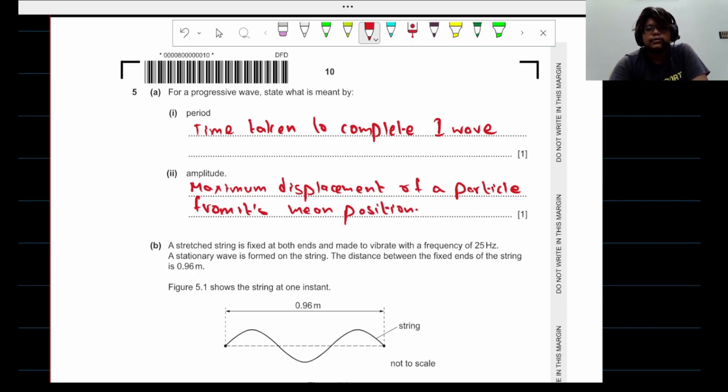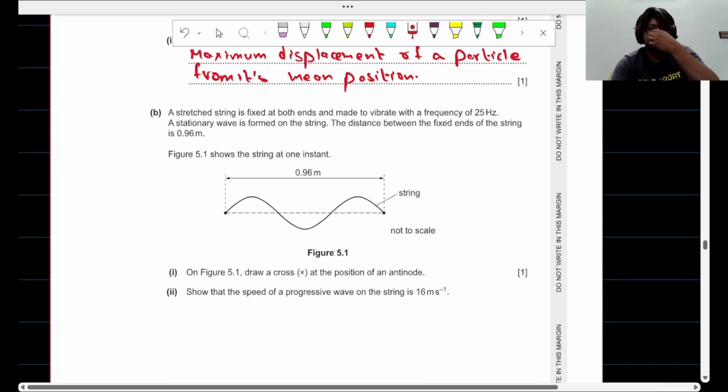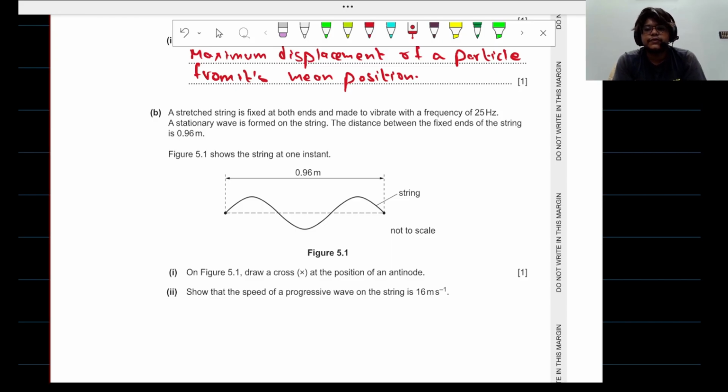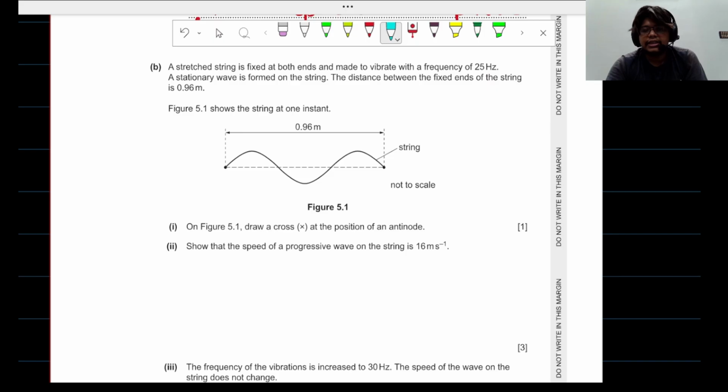All right. Then in part B, we have a stretched string which is fixed at both ends and made to vibrate with a frequency of 25 hertz. A stationary wave is formed on the string. The distance between the fixed ends of the string is 0.96 meter. We have a figure for that. Now, on figure 5.1, we need to draw a cross to show the position of an antinode. If I draw the stationary wave, it would somewhat look like this, right?